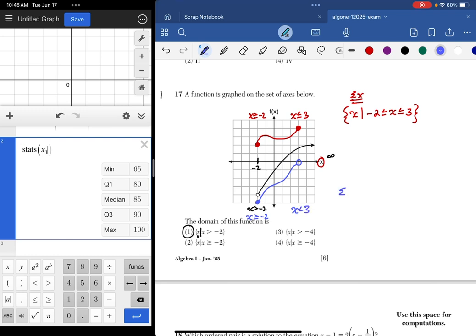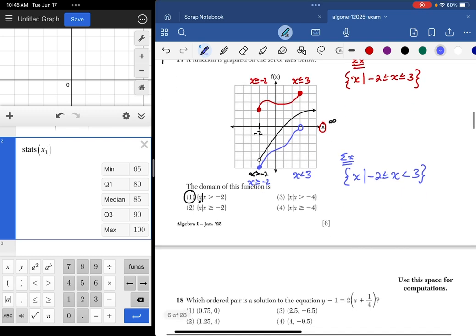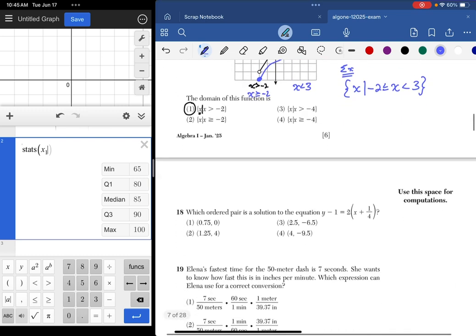So in this example, x is my variable such that -2 is less than or equal to x, and additionally, x is also less than 3. So -2 is less than or equal to x, which in turn is less than 3.